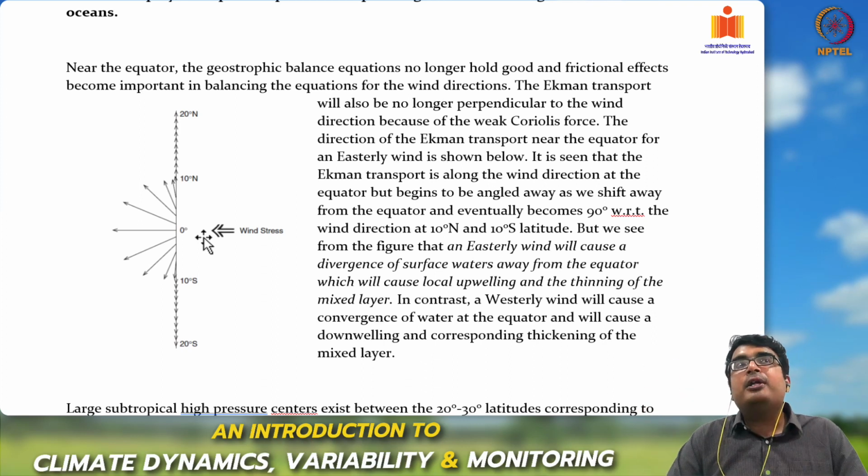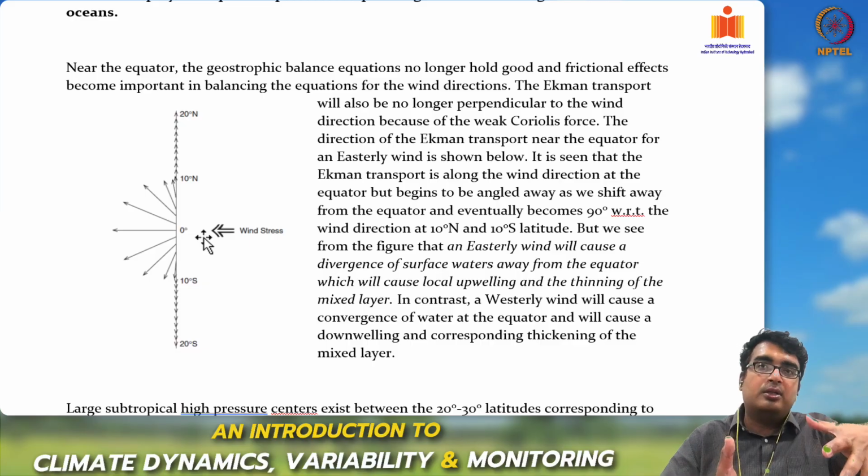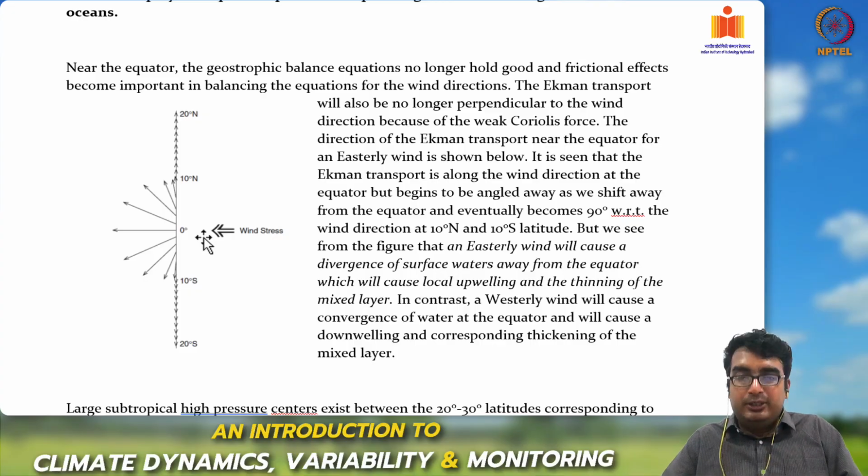And this is important because if you remember, the northeast and southeast trade winds are going from west to east. So you will expect that there will be a convergence of waters from the say 10 degree north and 10 degree south towards the equator, causing a local downwelling at the equatorial region.